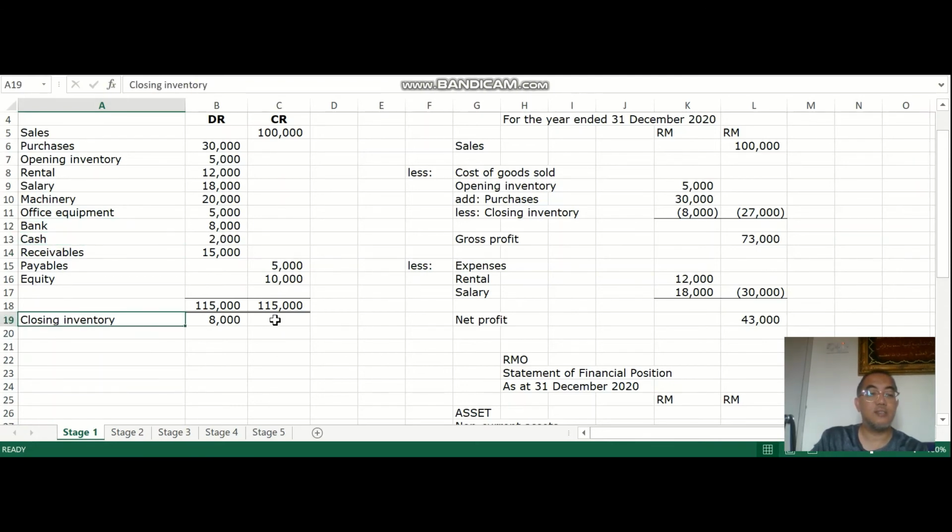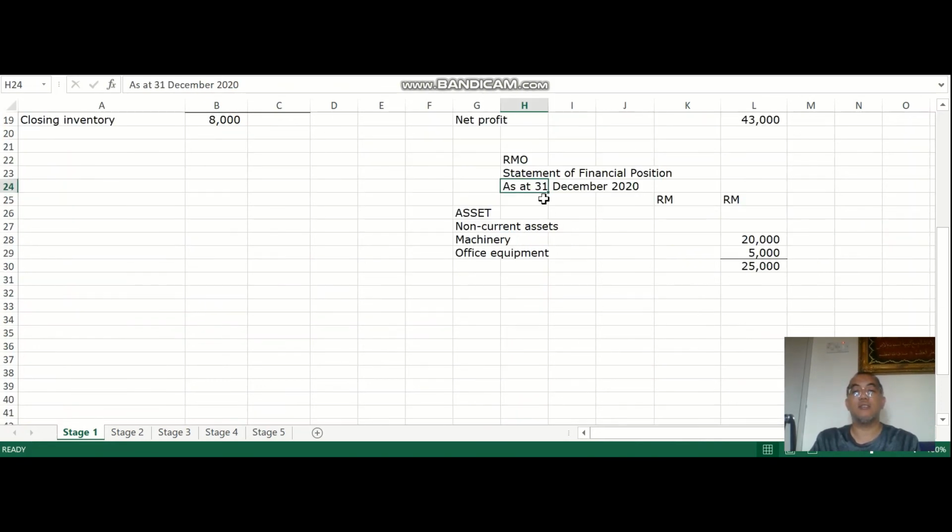This is for current asset, as well as this. Closing inventory, because you close the stock or the inventory at the end of the year, so the figure is stated at 31st December, same like this one. Okay, move on to current asset. What is our current asset? Starting with, of course, our inventory. Just now I mentioned the closing inventory.